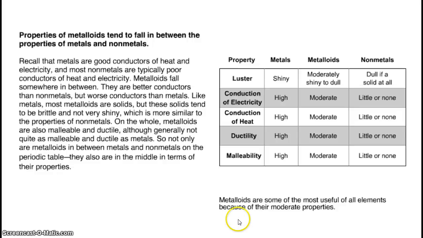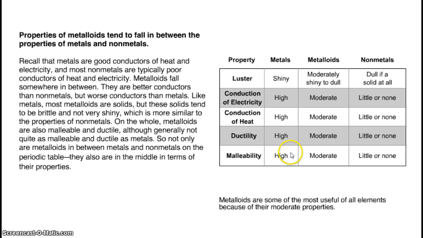So, luster. Metals are the shiniest, metalloids shiny to dull, nonmetals are dull, if they're solid at all. Conductivity: high for metals, moderate for metalloids, little or none for nonmetals. Heat conduction: high for metals, moderate for metalloids, little or none for nonmetals.